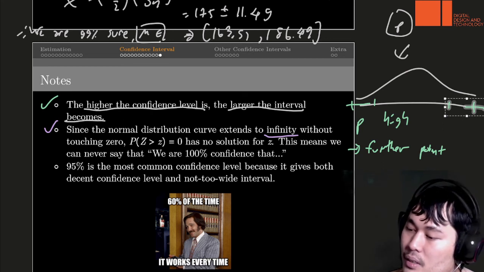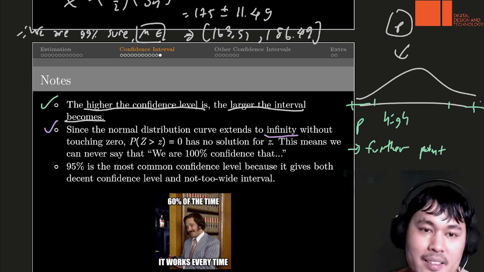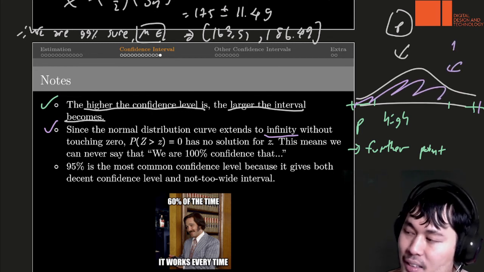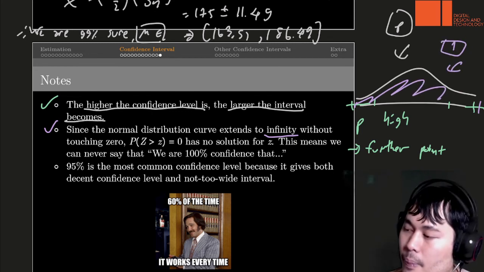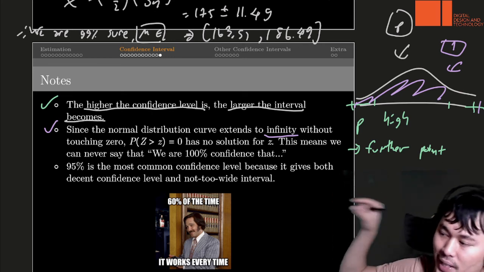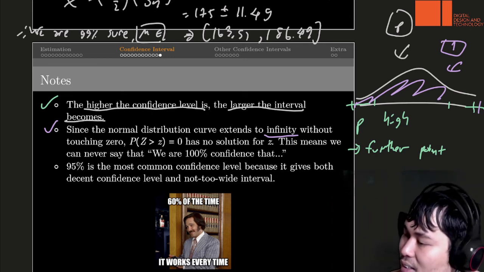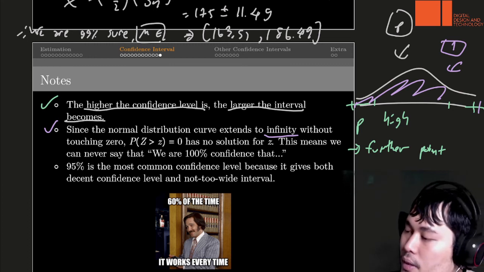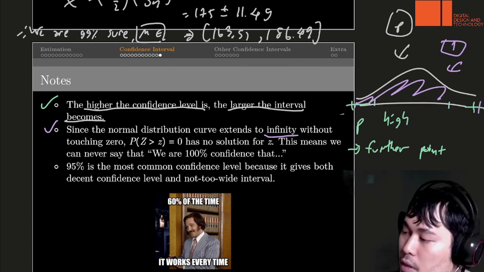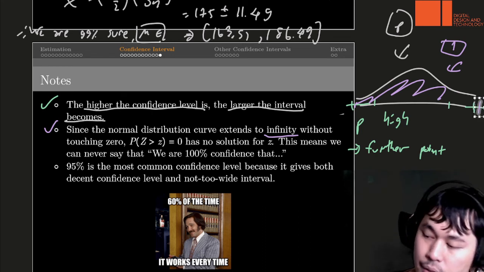So we cannot find a point where the area is 1, because whatever point you pick, there are always some areas on the right and on the left of that point. And so it is impossible to find the cutting point, or the z value, where the area is 1.